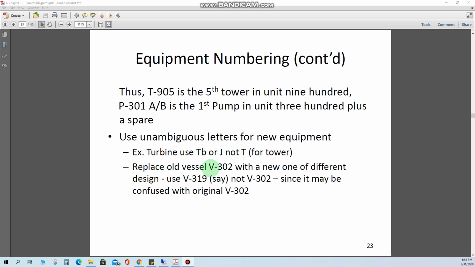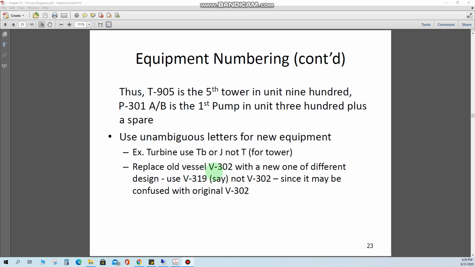Replace old vessel V302 with a new one of different design. Use V319, not V302, since it may be confused with the original 302. Okay, so if you have some vessel in the process, V302, that has malfunctioned, and you have replaced that vessel with a new vessel, then you have to specify the new tag of that vessel.